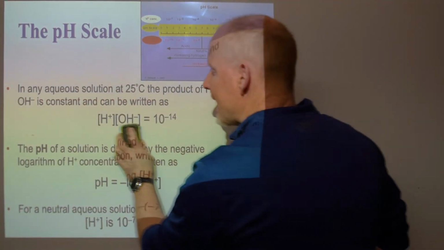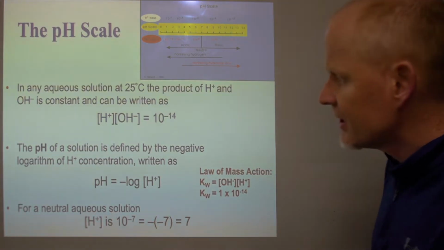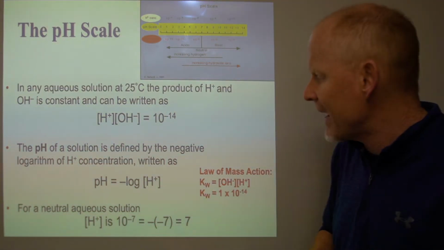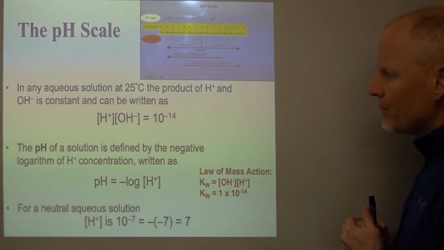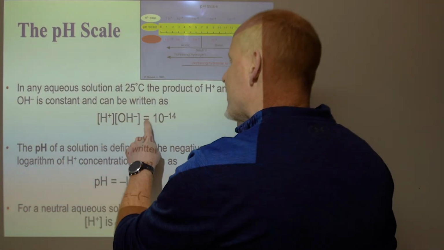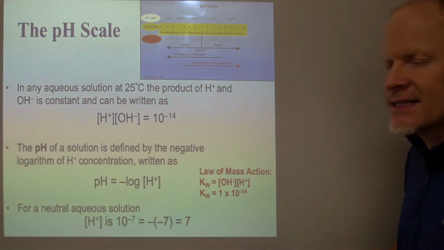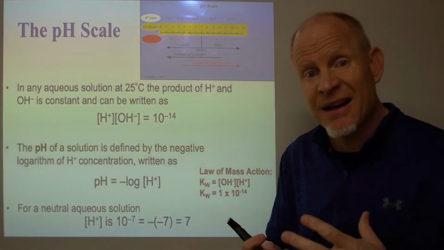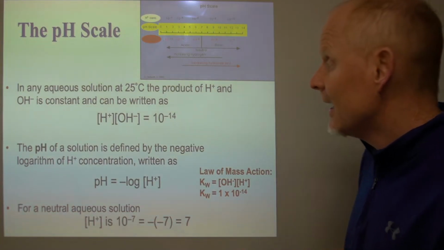So there's a bunch of math that's involved with pH. I'm not going to go through the math, but there are a couple important principles here. In pure water, the number of protons that dissociates, I already told you, is about 10 to the negative 7th, right?